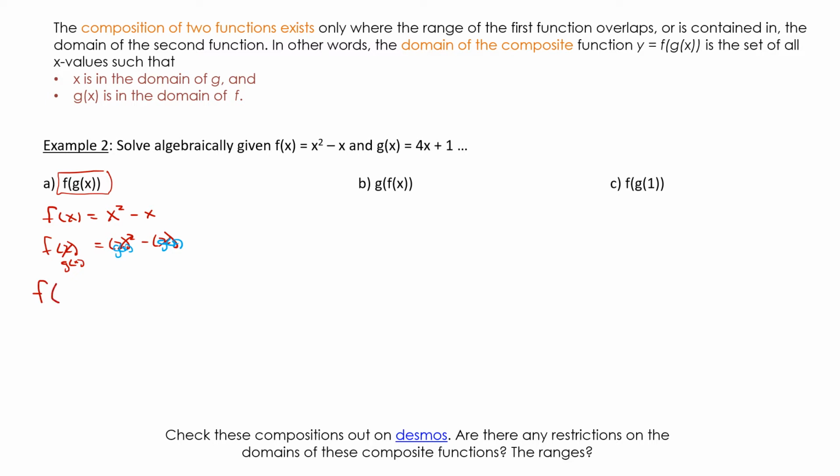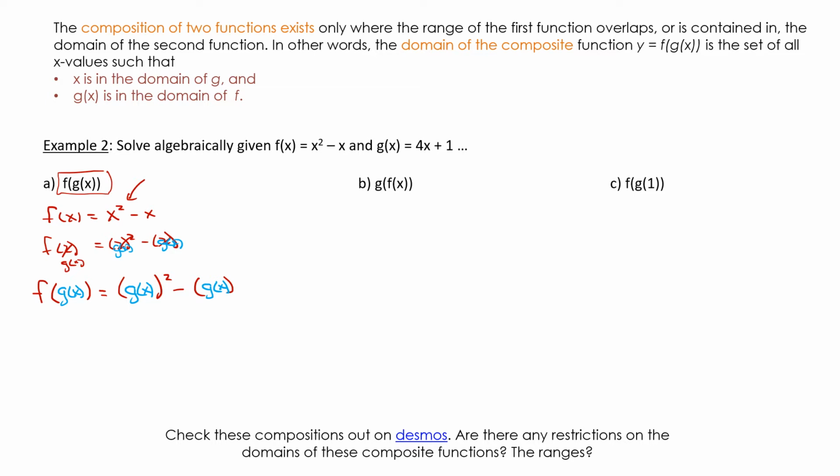F at g at x is equal to, so I'm subbing in up here, g at x squared minus g at x. So I'm just subbing in the notation right now. That's what f at g at x means. Remember, if it was f at 2, all of those light blue things would all be 2's, but it's not. It's f at g at x.